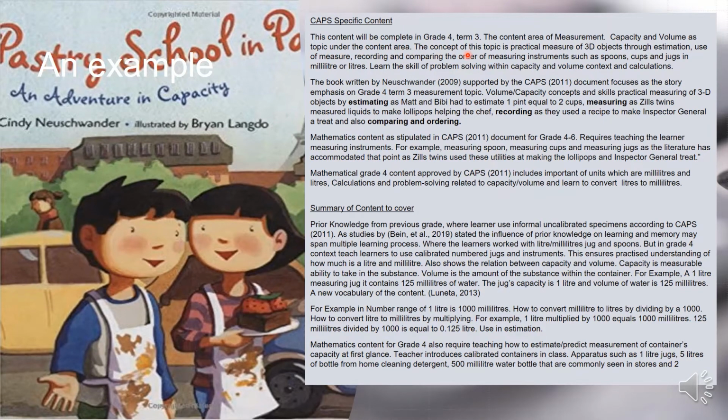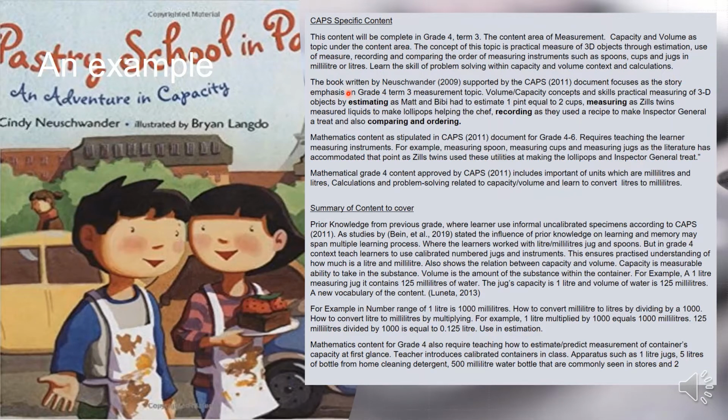The concept of this topic is practical measurement of 3D objects through estimation, use of measurements, recording, comparing, and ordering, using measuring instruments such as spoons, cups, and jars in milliliters or liters. Learners learn the skill of problem solving within capacity and volume contexts and calculations.